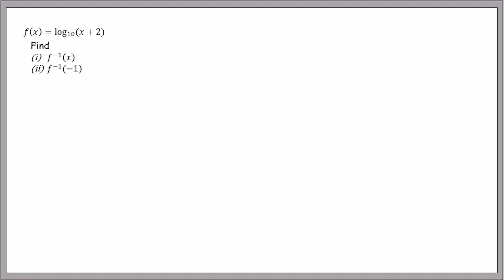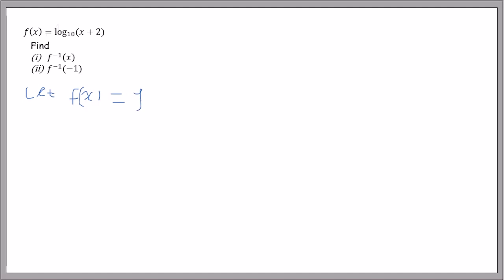Then we start. I'll start with Roman numeral 1, which wants the inverse of f of x. So what you do, you first of all begin by letting your f of x, that's the function that is given to you, in this case f of x, be an unknown.